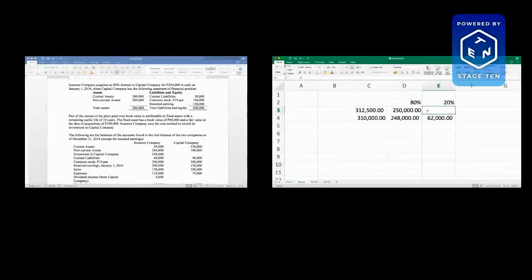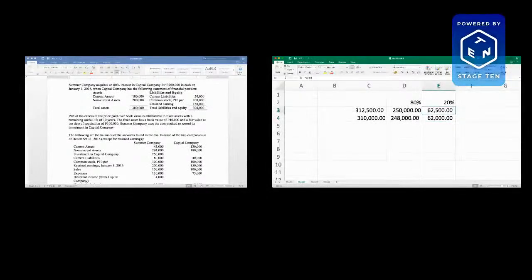Now, if the perceived value of the company as a whole is 312,500 and the consideration for the 80% is 250, then that means the presumed fair value of the non-controlling interest is 62,500.